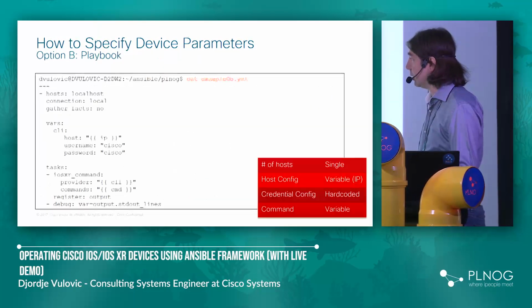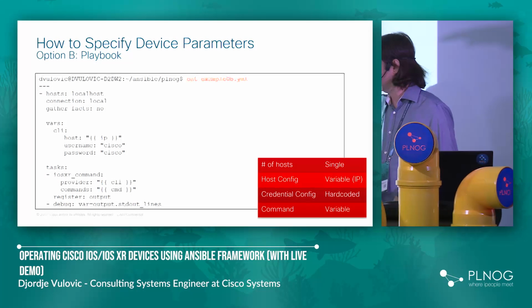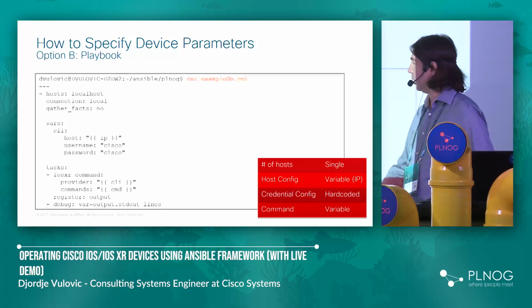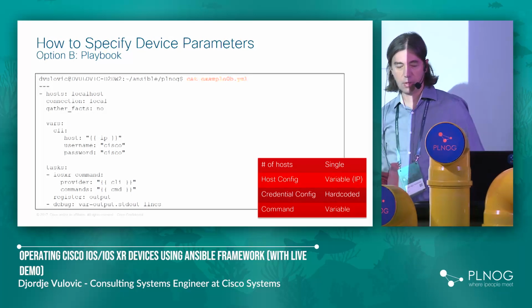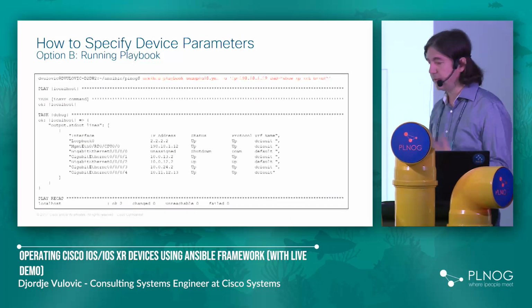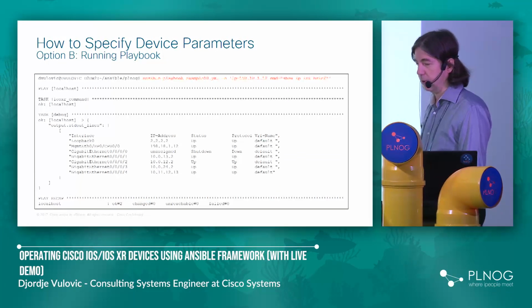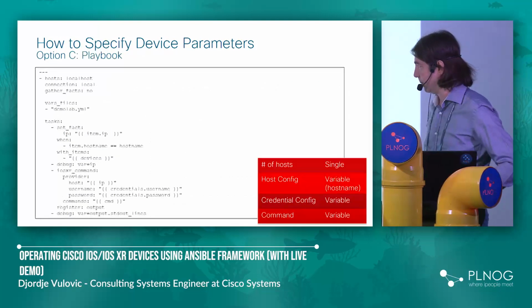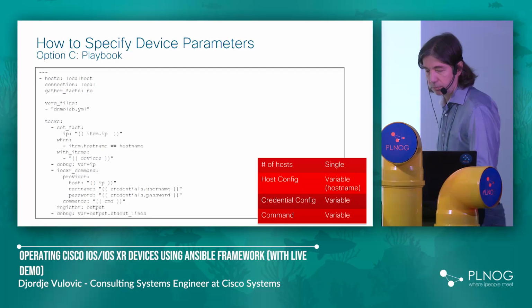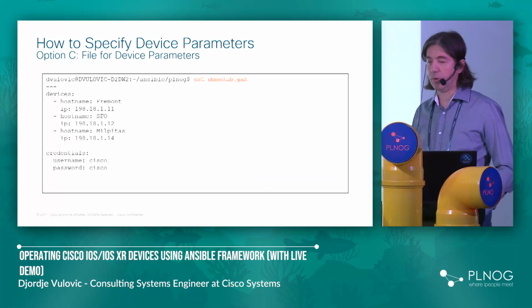And then there is a little bit of a problem because the IOS XR command within the provider argument within the host value expects an IP address. So you need to have some kind of mapping of the names to IP addresses. And here you can build in what is very common in Ansible.